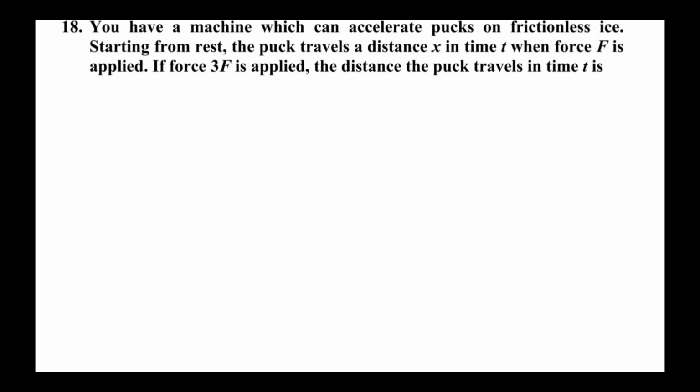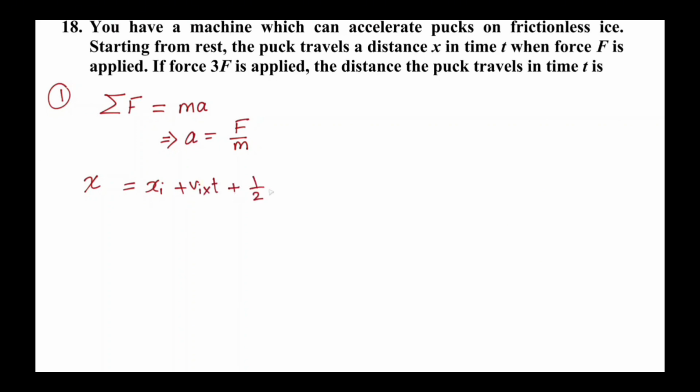Now to solve this one, the sum of all forces, again Newton's second law, equals ma, or in this case a equals F over m. Now x, I'm talking about the first situation here, x is equal to xi plus the initial velocity times t plus half a t squared, starting from rest and origin.